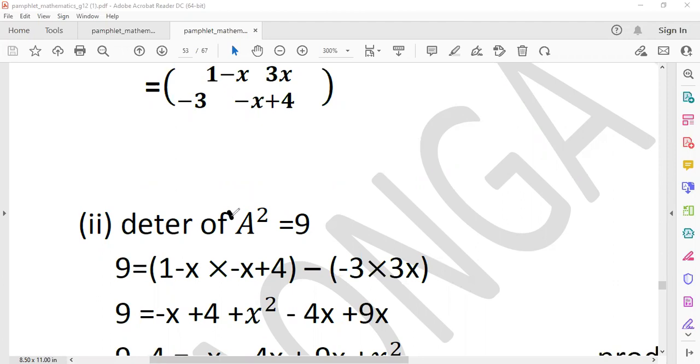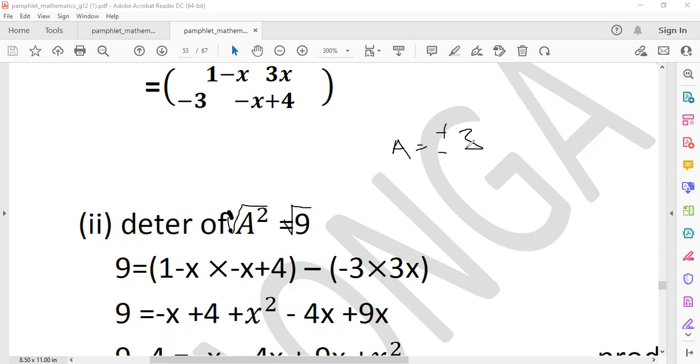So square root both sides. The square root of 9 means a is equal to positive or negative 3.